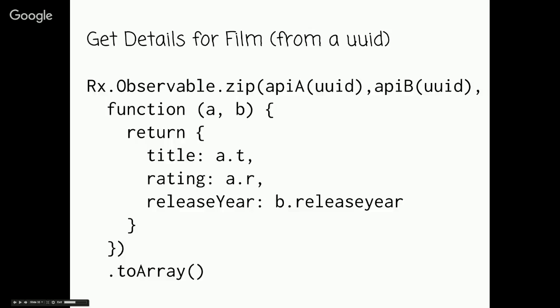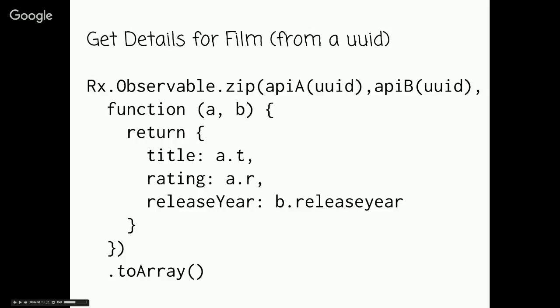As it happens, the call to API A and API B only return one result, so you could use a promise in those cases. You could use three promises, one to wrap two promises inside, something along those lines. But this is fairly convenient.